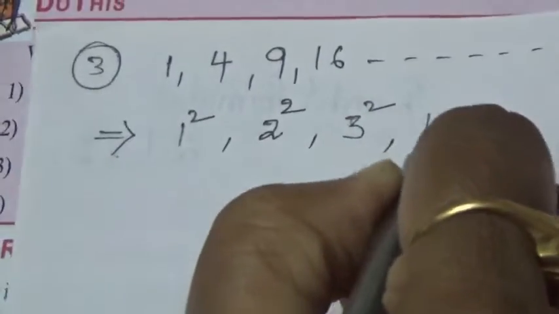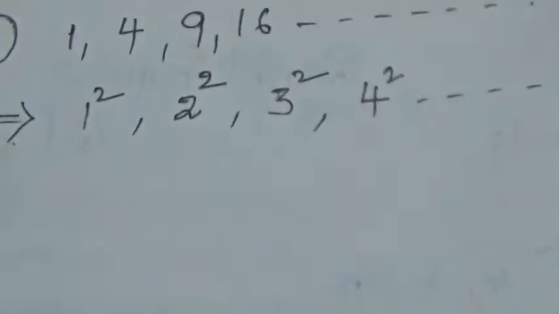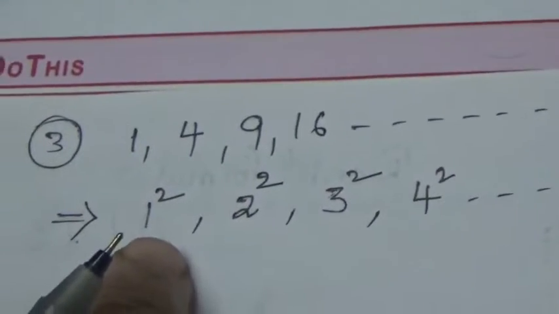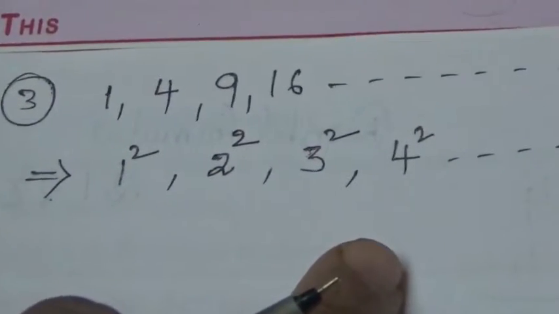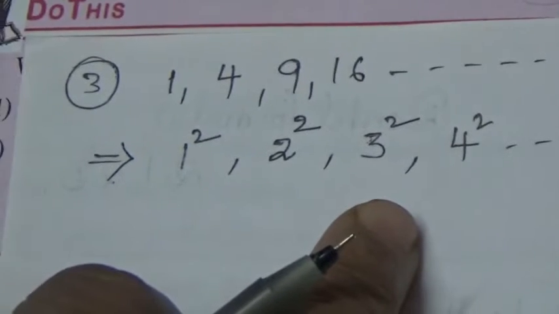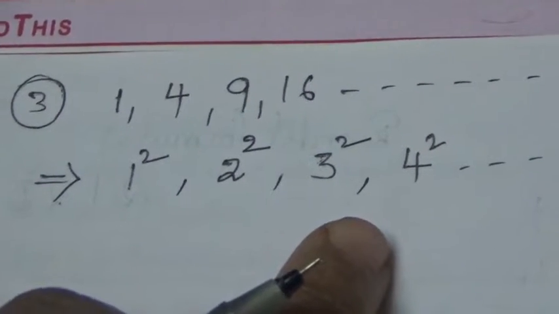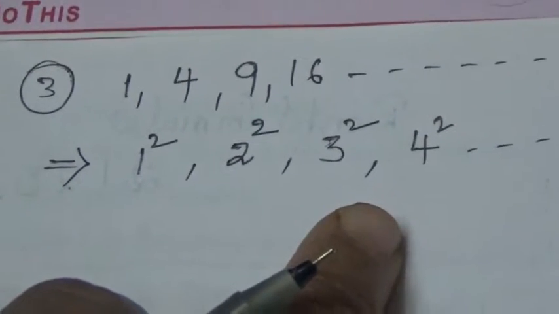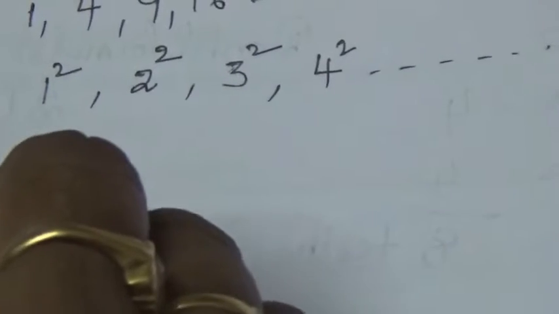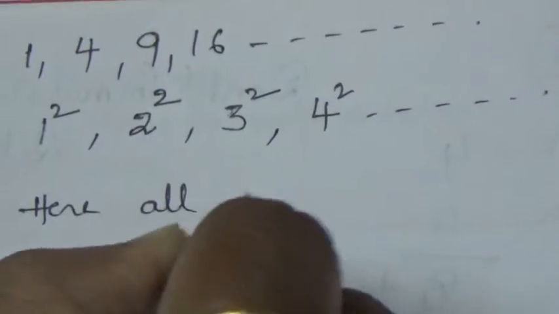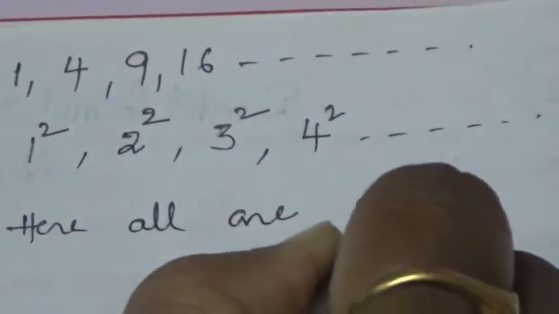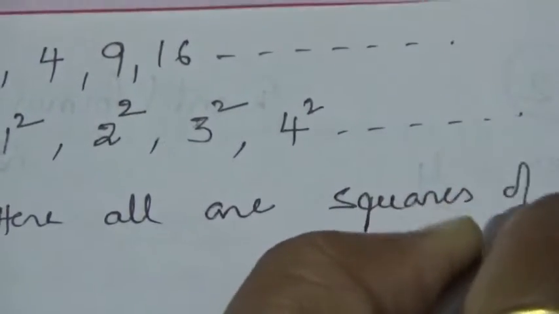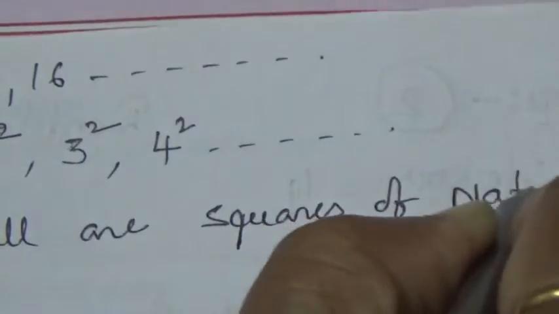Just like that, 4 square and so on. These given numbers are all squares of natural numbers. Is it right? The squares of natural numbers, and we also call them perfect squares. Here the solution is, all are squares of natural numbers.